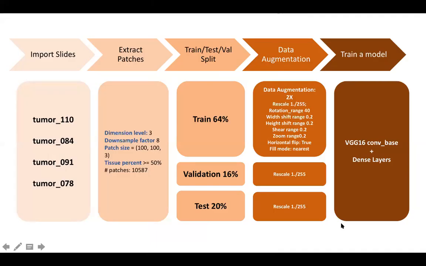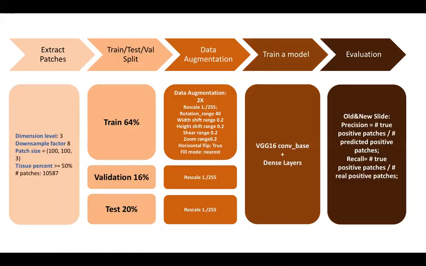Then I evaluated the model's performance on both old slides and new slides. What I mean by old slides are those slides I used to extract the patches and build the models. New slides are those slides the model has never seen before.